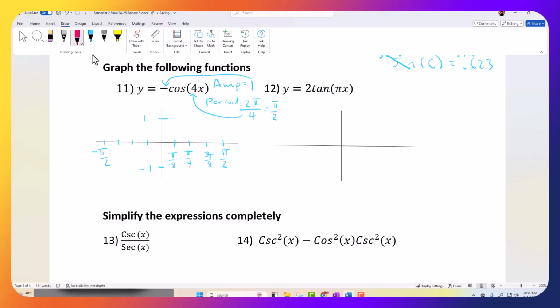Now cosine traditionally starts up at its high point right here. That's the knowledge, that's a memorized pattern. It starts up here, but because it is a negative, it's upside down. So we're going to plot that point here to center, opposite amplitude, center, and back where we started. So we get this style of shape.